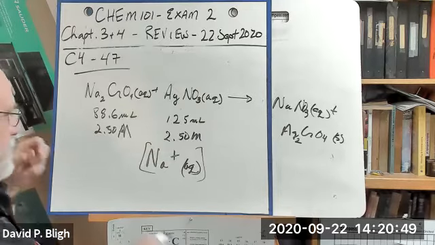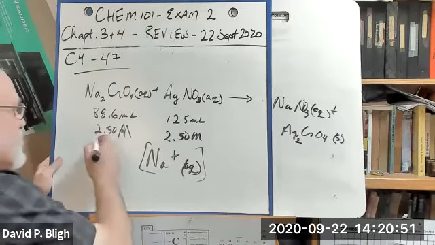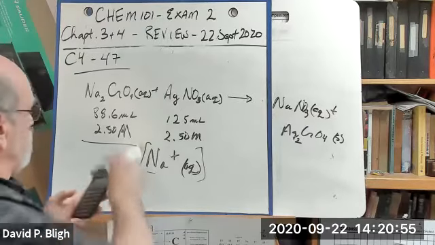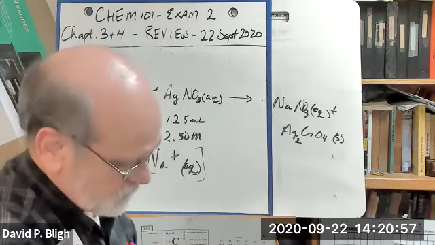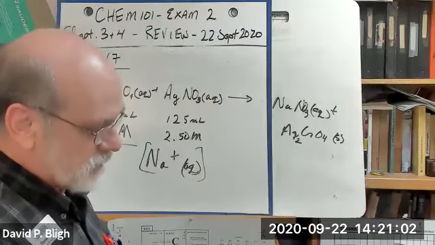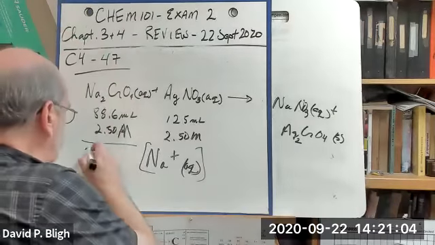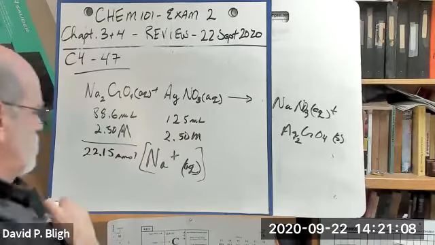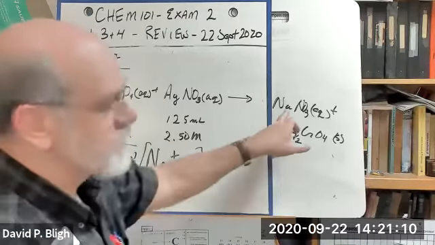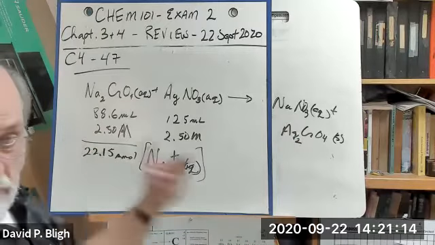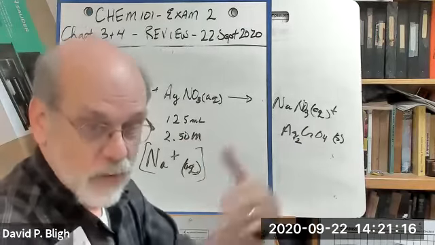Right? Well, in this case, we're going to use millimoles again. 88.6 times 2.5 is 22.15. 22.15 millimoles. Right? What's the concentration on this side? Well, it's moles per liter, right?